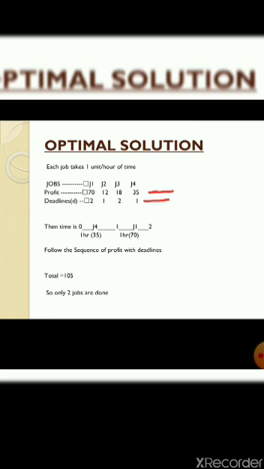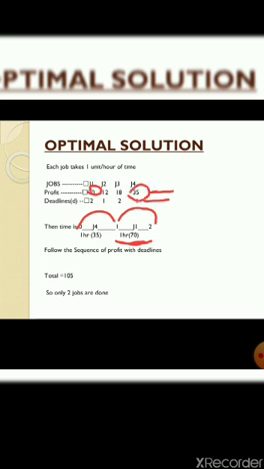Then time is 0 to 1, 1 to 2. Highest profit is 70. So I fit it in 1 to 2. The next highest profit is 35.